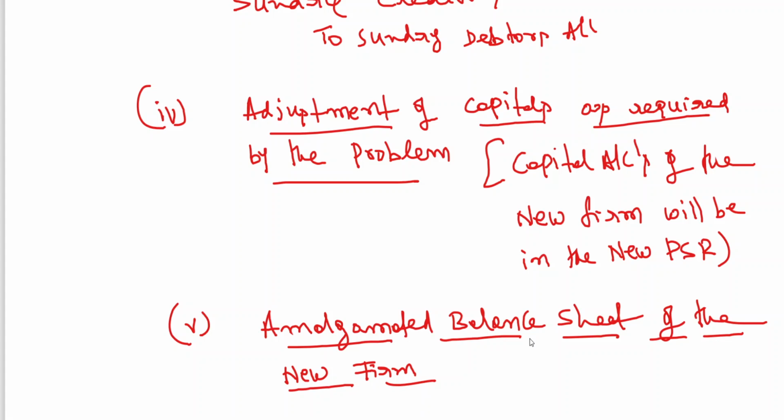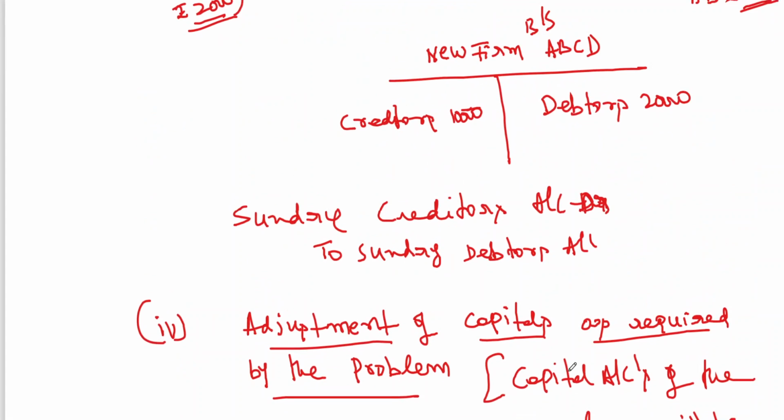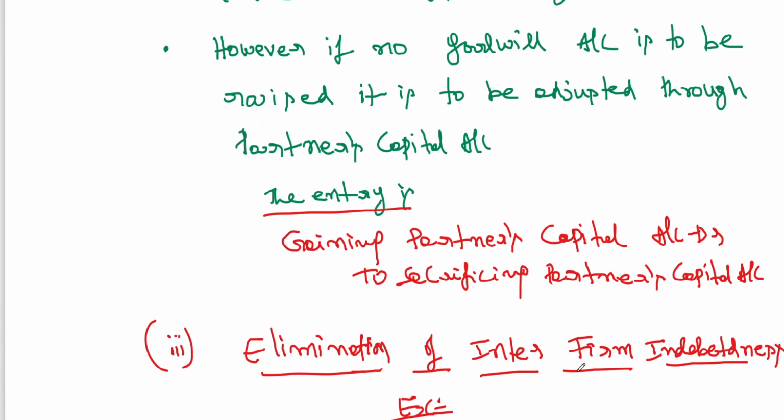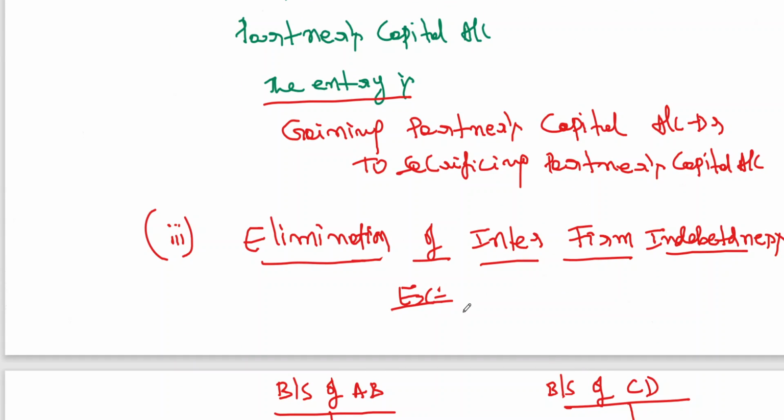Amalgamated balance sheet of the new firm is to be prepared. Clear to all of you? This is how you should be doing it. Elimination of inter-firm indebtedness, example I have given you, following example.